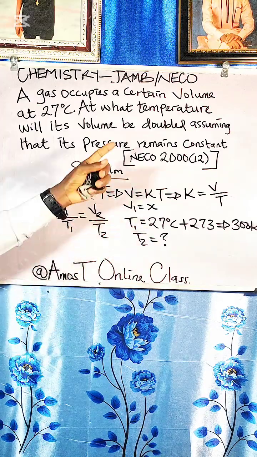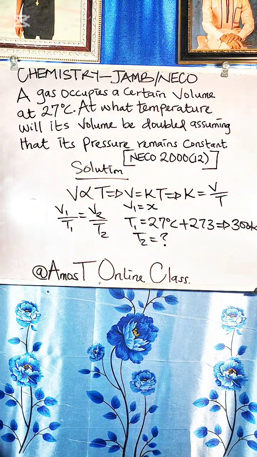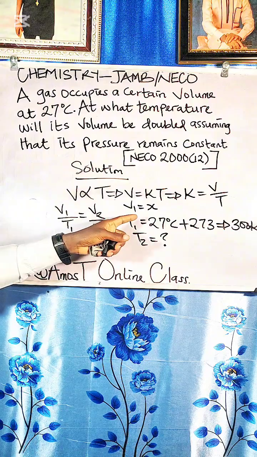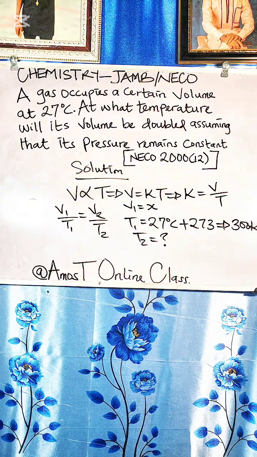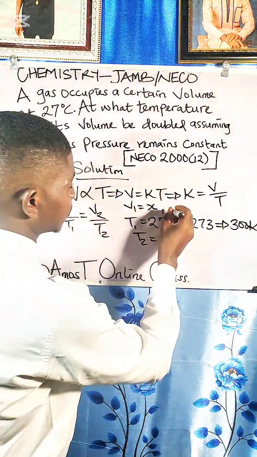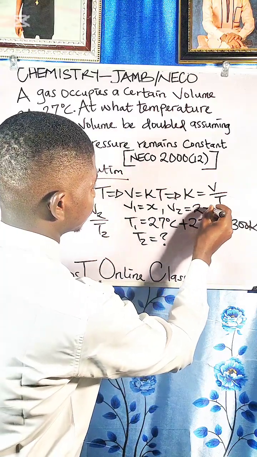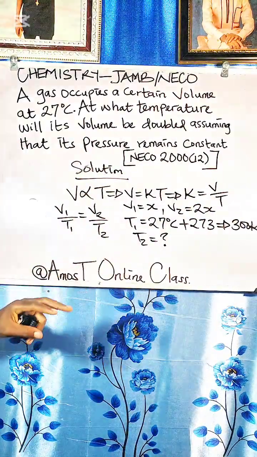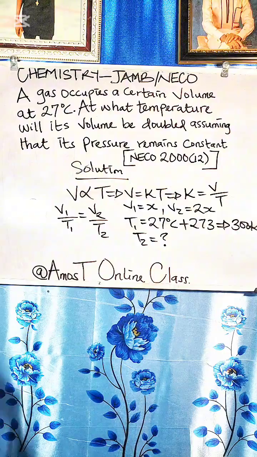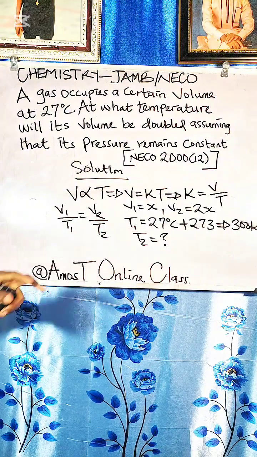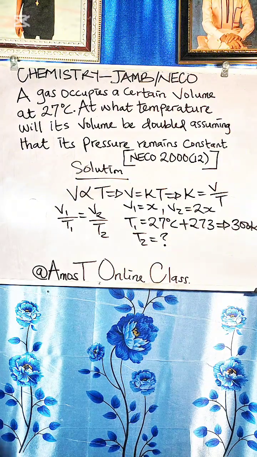Okay, because the question says at what temperature will the volume be doubled. So if V1 is equal to X, then V2 will be equal to 2X. Okay, so this is what we have. We have V1 to be X, V2 to be 2X, T1 is equal to 300 Kelvin and T2 is unknown, okay?